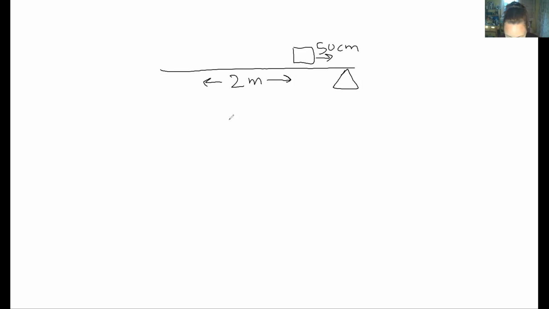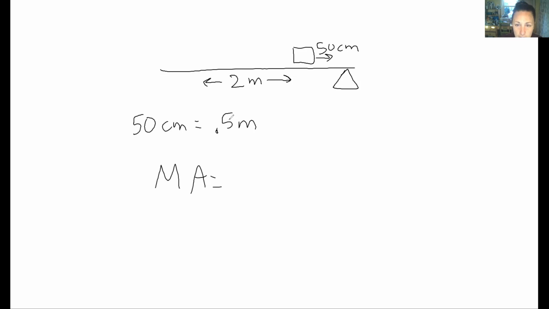First thing we have to do is change our centimeters into meters so that we are at the same units. And so 50 centimeters is equal to 0.5 meters. Then our mechanical advantage formula is the effort arm length divided by the resistance arm length.